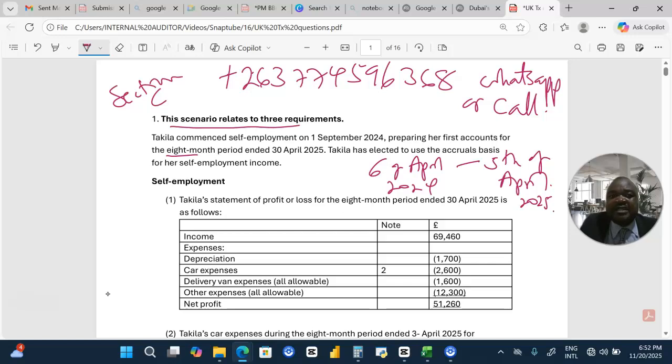The first 7 months ended on the 5th of April 2025, and the last month, the 8th month, fell in the 2025-2026 tax year. So you need to have some 7/8, 1/8 type of thing. Good.